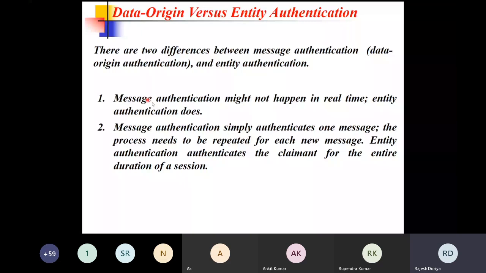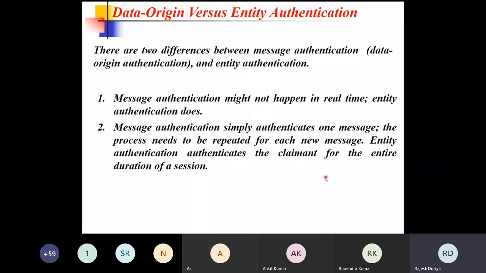And the moment we talk about entity authentication, let's say we are trying to withdraw some money from an ATM. We need to be present at the ATM in order to perform the transaction, right?